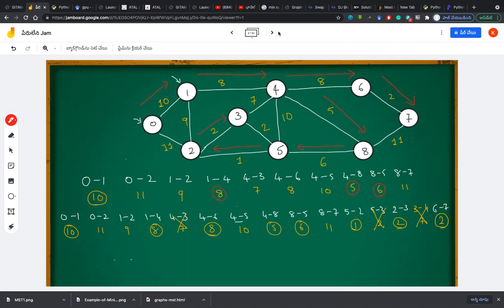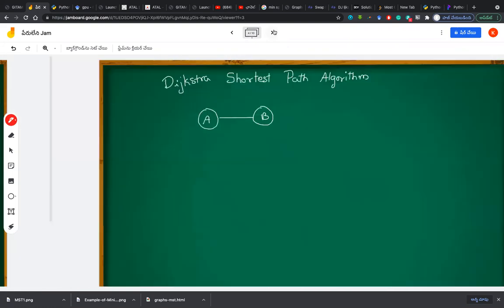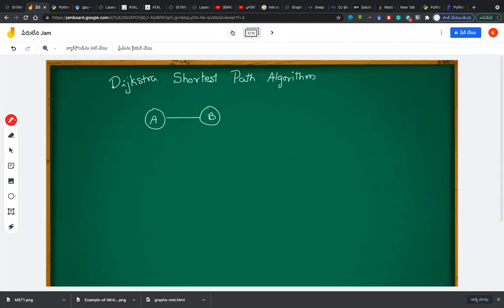Right. So I hope you practice these problems, and we will now go to Dijkstra's algorithm. I'm just drawing the graph.